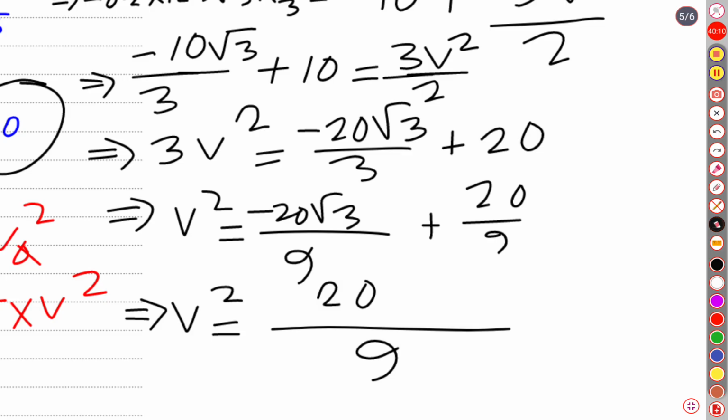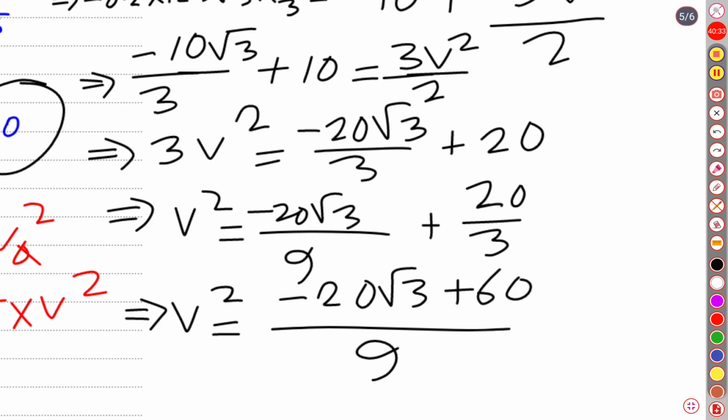We made a mistake. It cannot be, it is just 3. So let it be written as 3. So it is going to be negative 20 root over 3 plus 60. 3 3s are 9, so it is going to be 60.